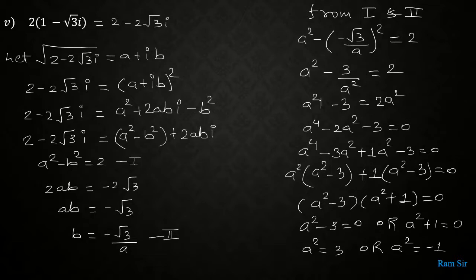But as we know by the basics, a and b both belong to real numbers. So here we are writing a belongs to real numbers. Therefore, since a belongs to real numbers, a square cannot be equal to minus 1. Therefore we are writing a square will be equal to 3. So next step we can write a is equal to plus minus root 3.